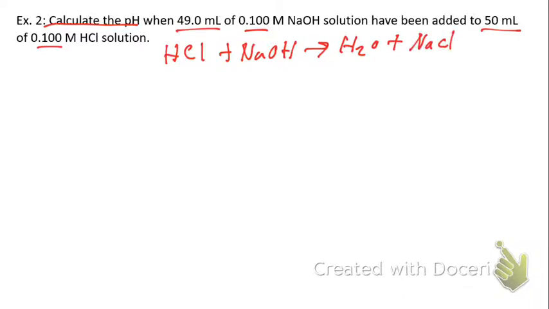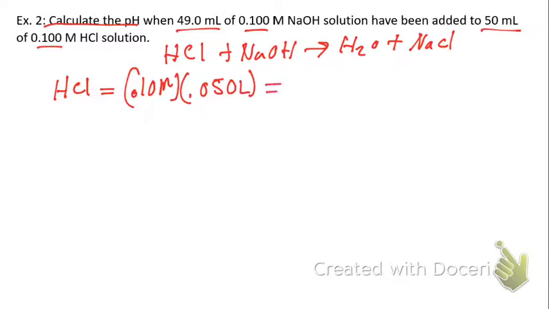Right? So initially, the HCl has a concentration of 0.10 molar. We're going to multiply that by the volume of HCl, which is 0.050 liters, and that gives us the number of moles of HCl.